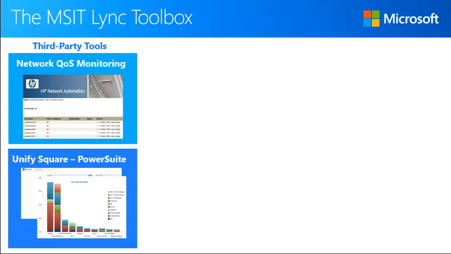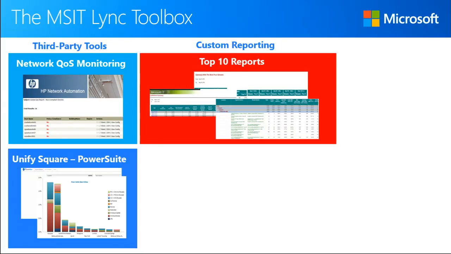But then we had to also go do some custom reporting. We built out what we call our top 10 reports. Top 10 worst subnets, because we tie it to our IP database. What were our top 10 worst gateways for traffic based off of QoE and CDR? What were the top worst wireless subnets, so that we can really start to go and trigger those.